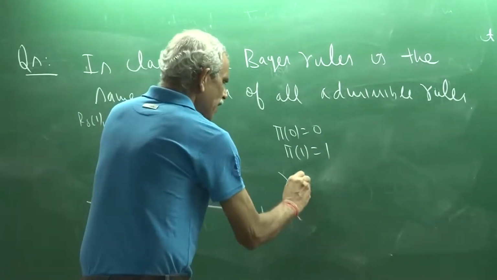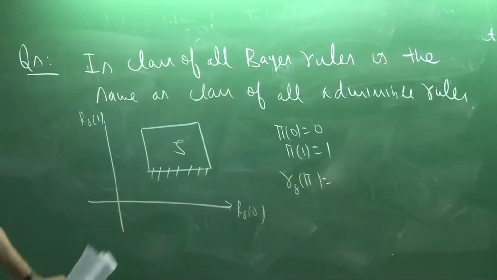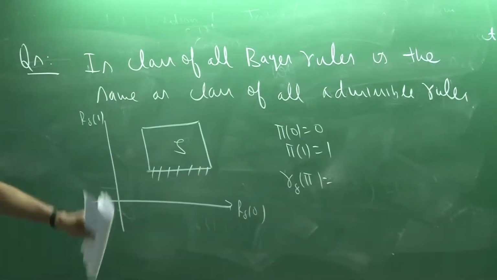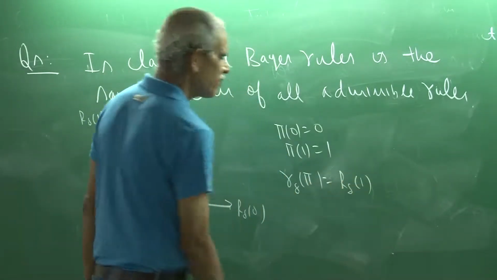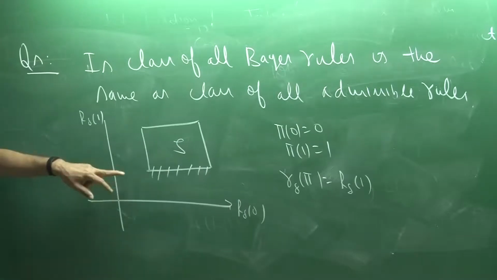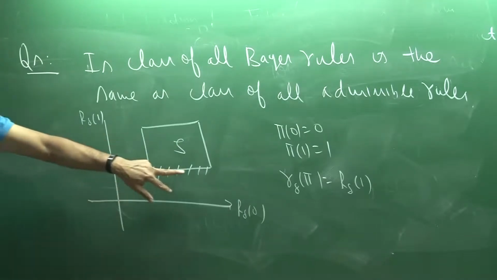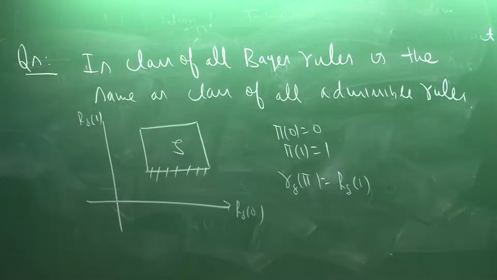So R delta pi in that case turns out to be only R delta 1. So the Bayes rule would be for which R delta 1 is minimum. So all these correspond to the Bayes rule.